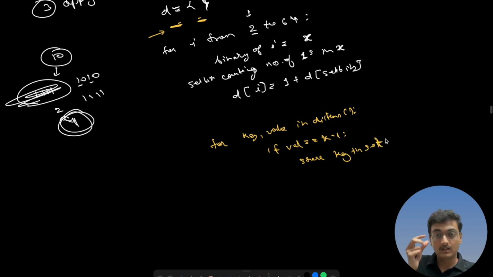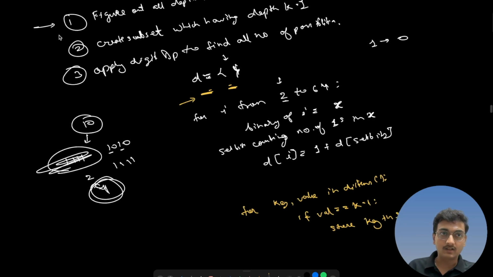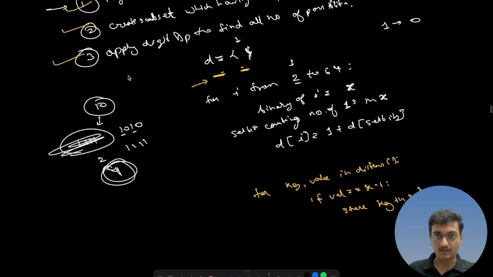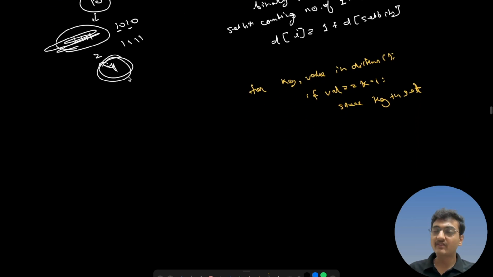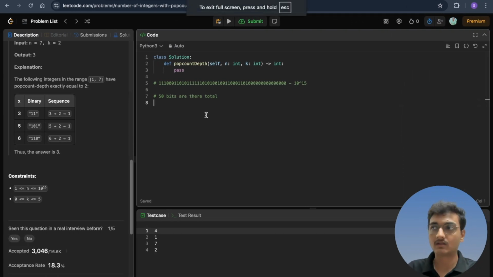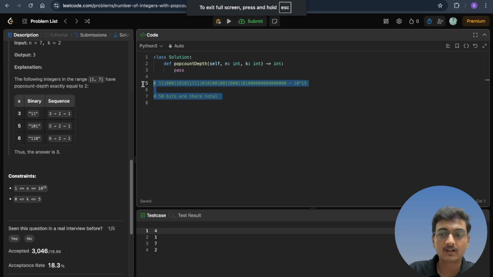Now this thing is done, and I just need to apply digit DP here. For digit DP we have a template, and that template is a little lengthy to write here, so we'll understand that in the code itself. Let's move on to the code. See what we can do here. I can remove this.